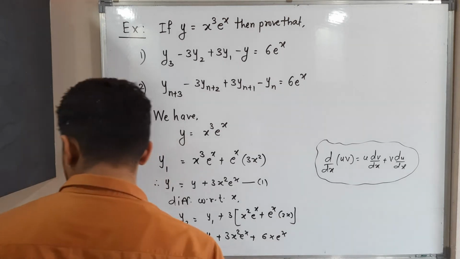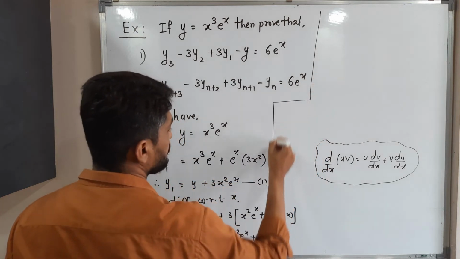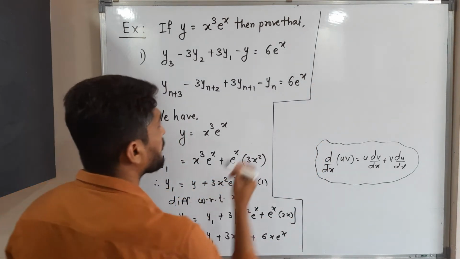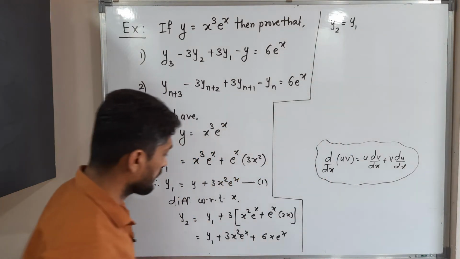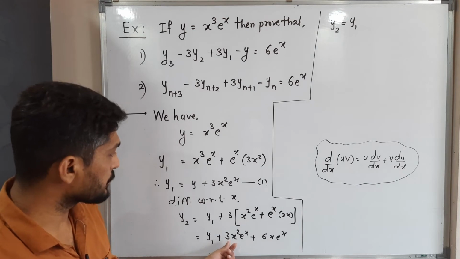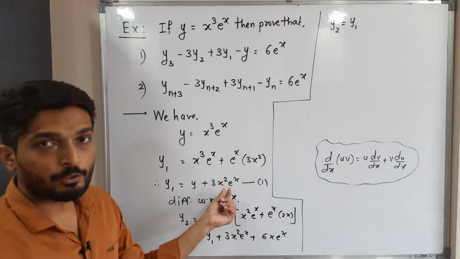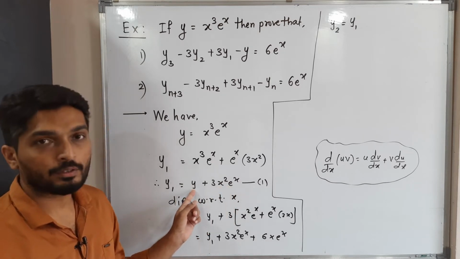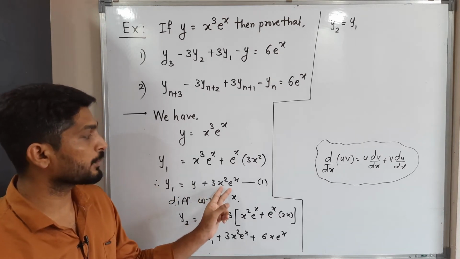There is no more space to write, so let us continue it here. So y2 is equal to y1 plus 3x square e raised to x. We have seen 3x square e raised to x somewhere here. Will you tell me what will be its value from equation 1? If you shift y to this side, you will have y1 minus y is equal to 3x square e raised to x.